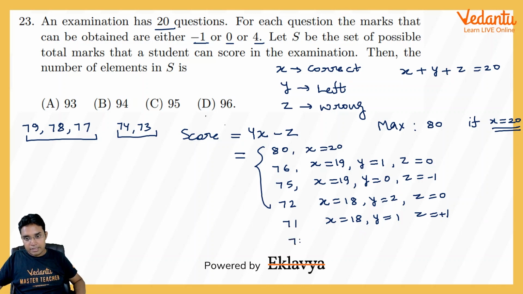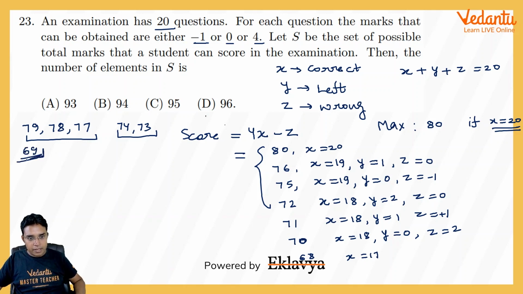And 70 can also be obtained when you have done 18 questions correct, 0 questions left and 2 questions wrong. So there is no skip of any marks here. But when you do the next, that is 17, I think there will be 68. So only 1 mark we are skipping, that is 69.